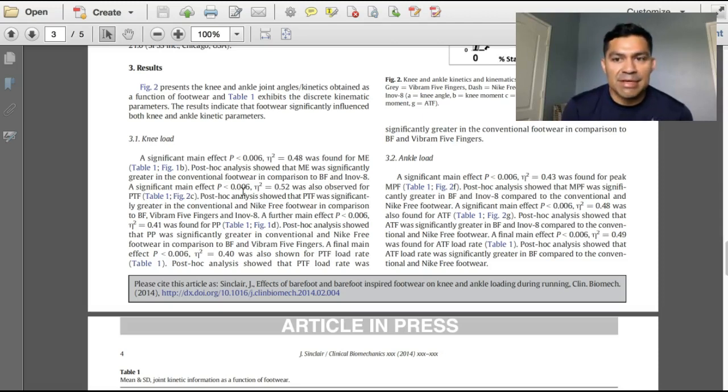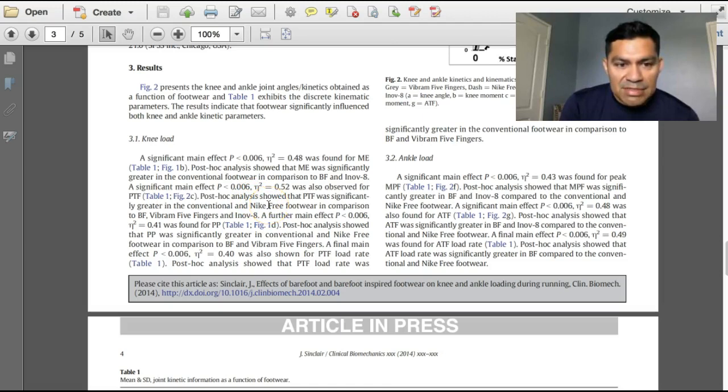So I can't just say, yeah, I found that most of the participants had a difference. Well, that's not going to cut it in research. You have to show what kind of statistics you did and use the results of that. For example, here they're saying there's a significant main effect because P was less than 0.006. And in statistics, that means that's meaningful. That's what you want.